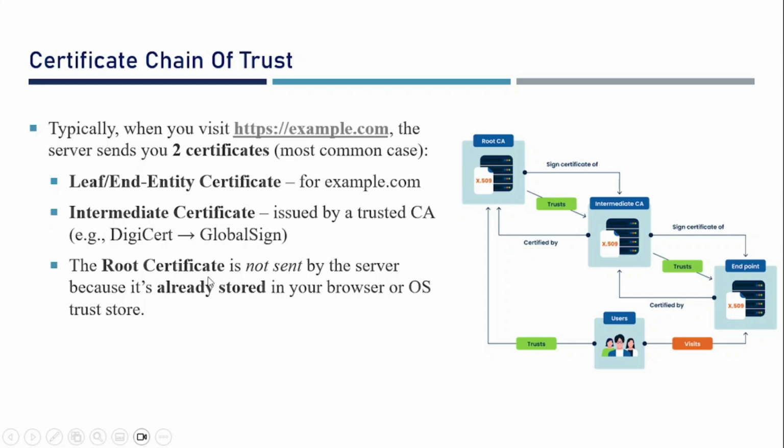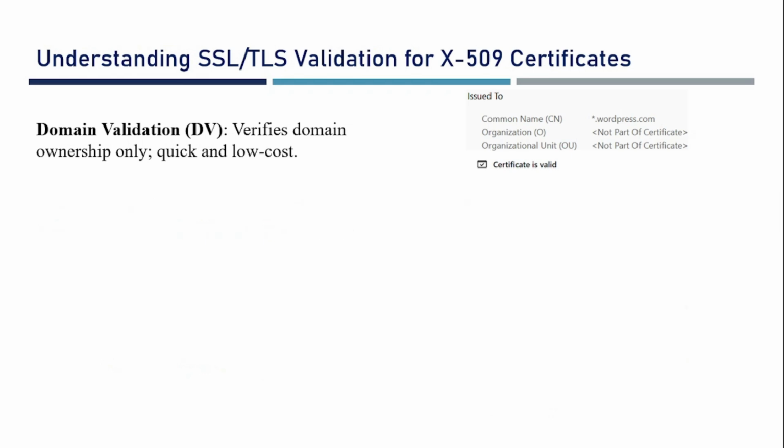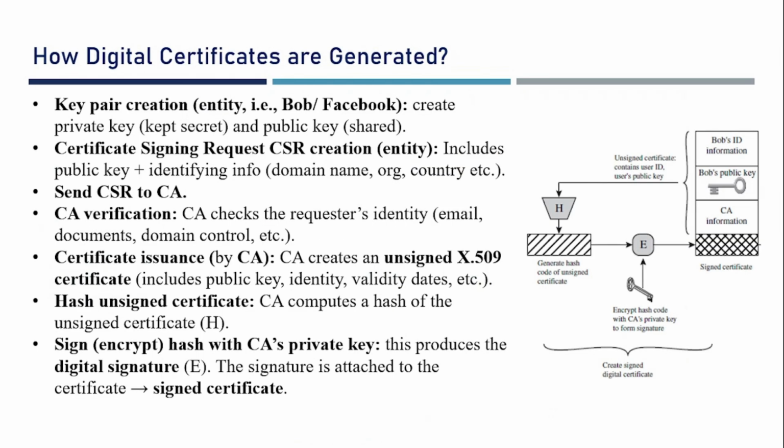Then there is a root certificate, which is not sent by the server because it is already stored in your browser. The root certificate is the most trusted one. The intermediary certificate is signed by the root certificate, or the root certificate gives authority to intermediate certificates to make further certificates. So this is what you need to know here, that there are three basic certificate types.